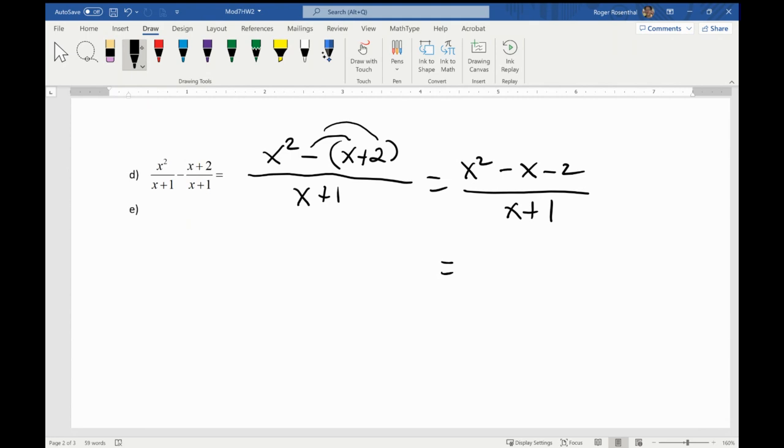Well, if you factor the numerator, you will get x plus 1 times x minus 2. The denominator is x plus 1. Because it's factored, you can cancel. You can cancel the entire denominator with a factored part of the numerator, and so the final answer is simply x minus 2. Let's get rid of that.